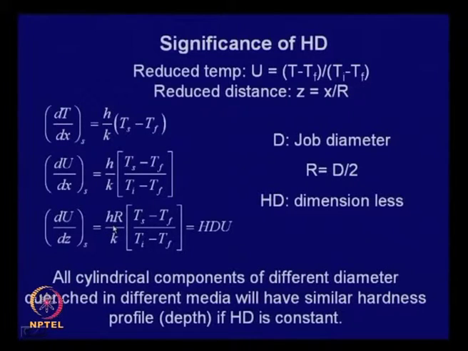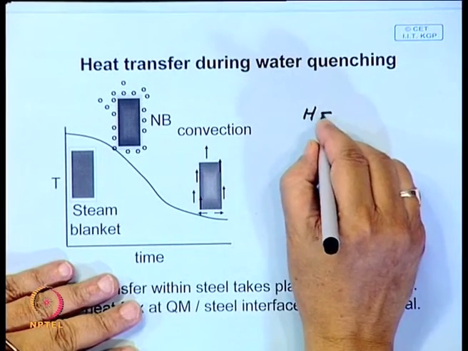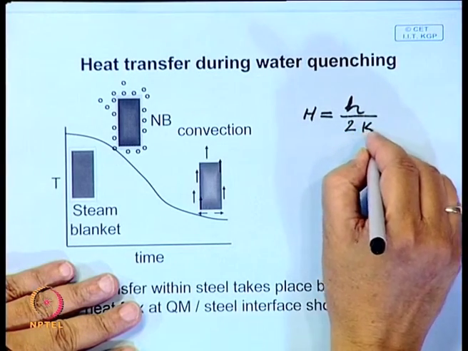See, H over twice k, we have assumed that the severity of quench H is defined as H over twice k.